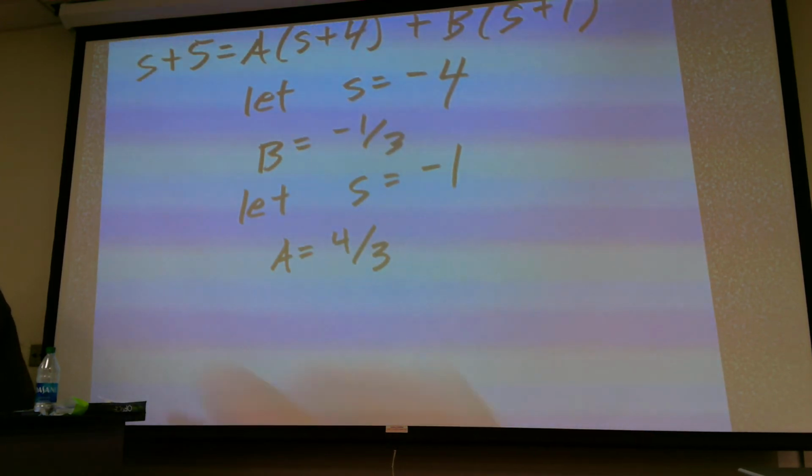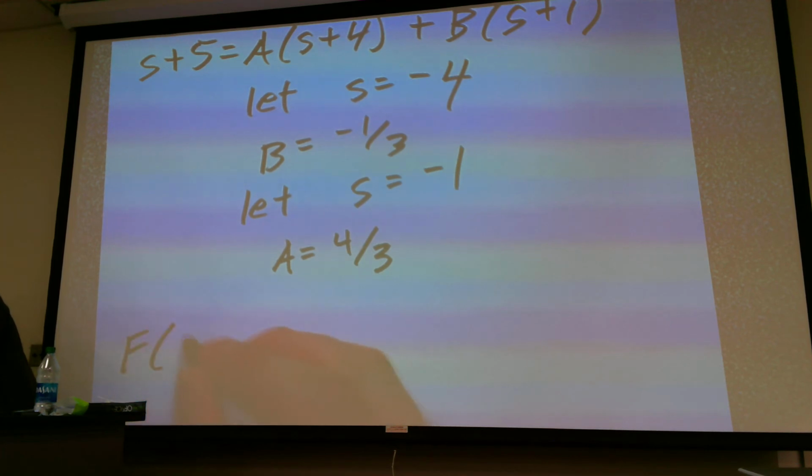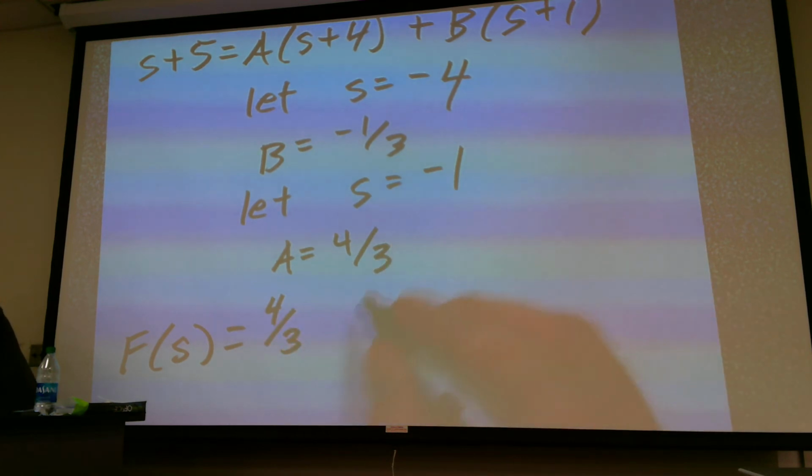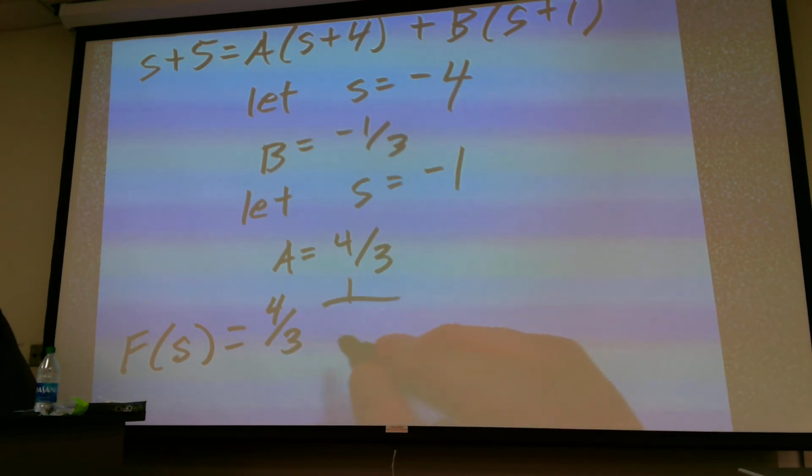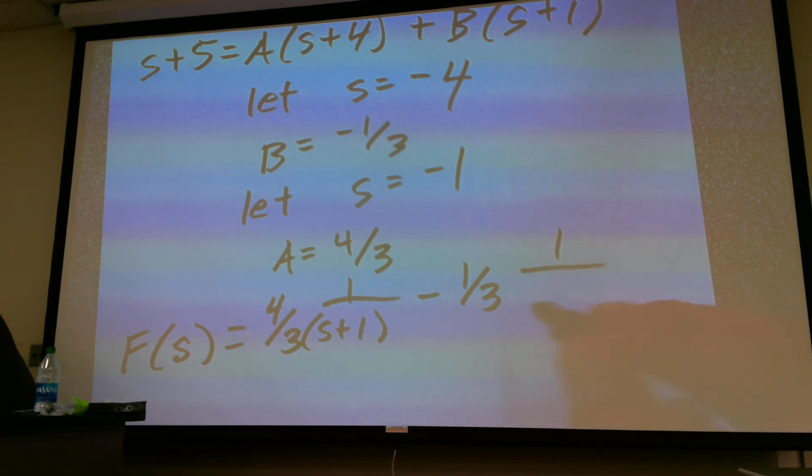Okay? So that tells me that F of s is going to equal 4 divided by 3 times 1 divided by s plus 1, and minus 1 divided by 3 times 1 divided by s plus 4.